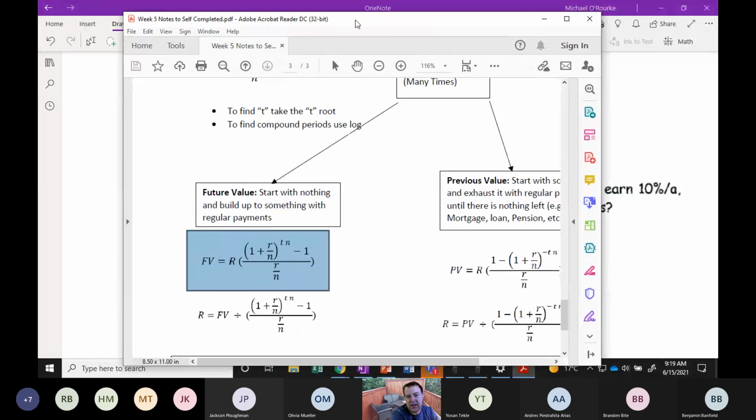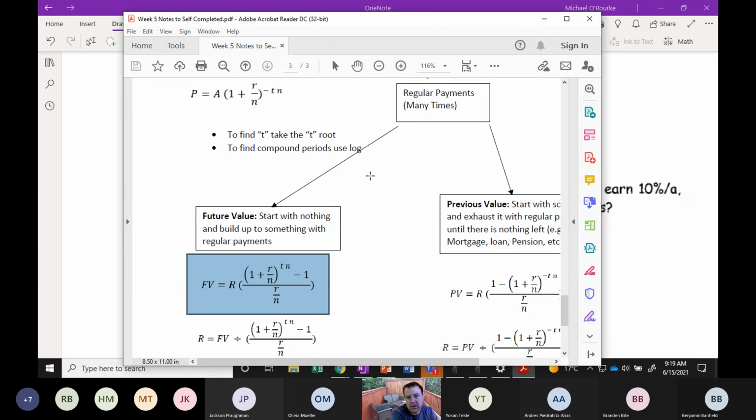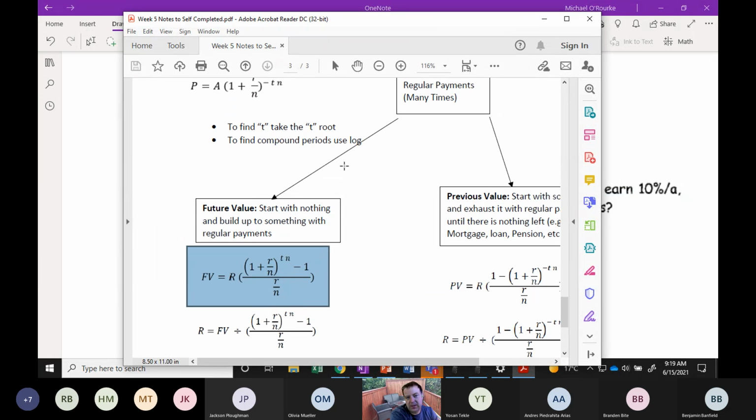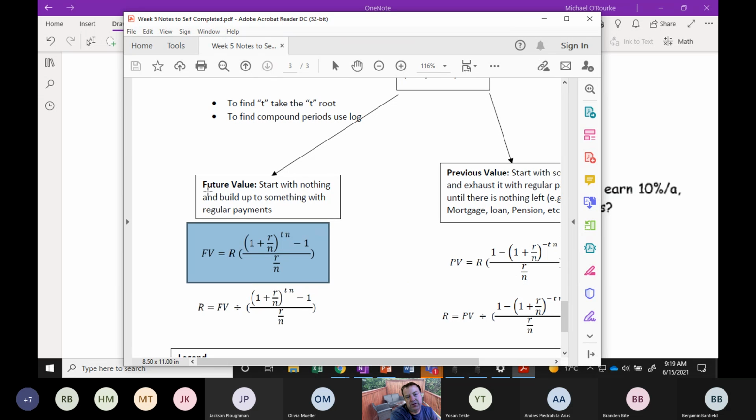Now, if we look at our notes to self here, if we have regular payments, there's 2 things we can do. We can do future value, which we're doing this morning, or we can do present value, which we're doing this afternoon in second block. So a future value is when you start with nothing and build up to something with a regular payment. Okay? Yep, test is Thursday.